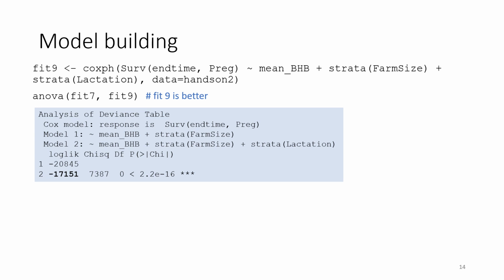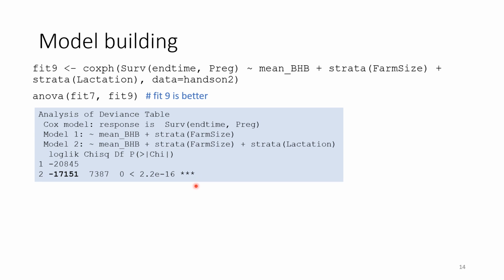And the final model, Model 9, stratifies with farm size and with lactation to see whether it's better. Stratifying with both farm size and lactation, compared to stratifying only with farm size, has a higher log likelihood, and the p-value is also very significant.